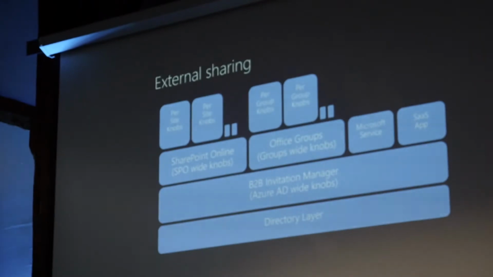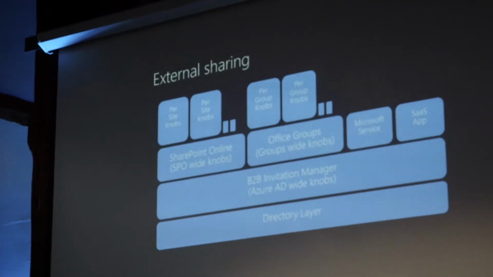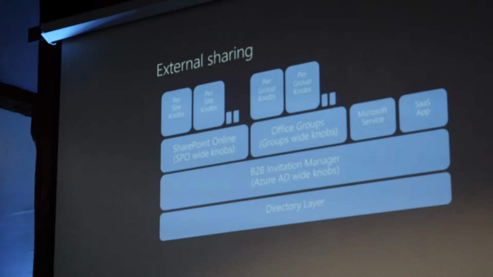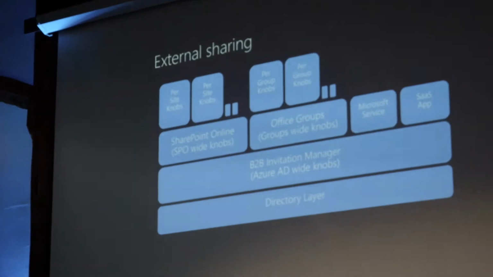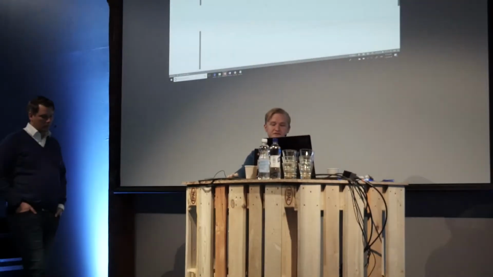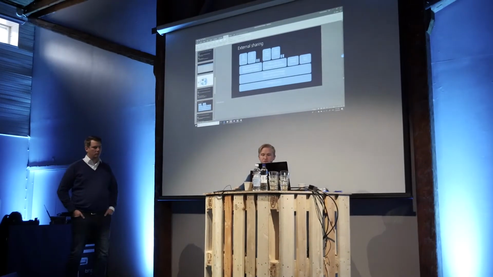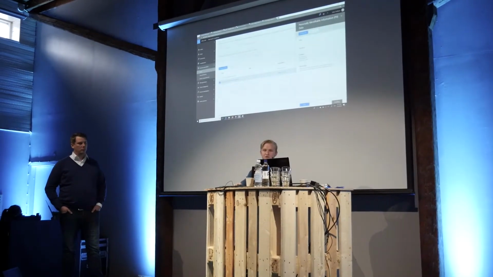Even if you have disabled that, it won't work in any of the other services. And then you have the possibility of tailoring it per service and even down to per site or per team, per Office 365 group.